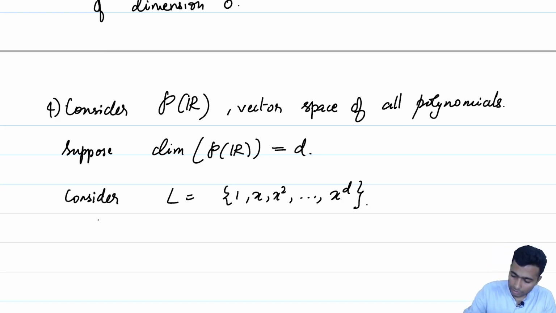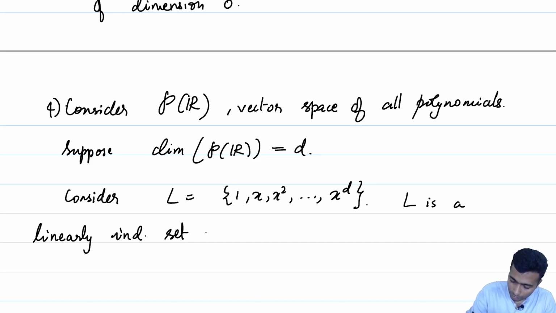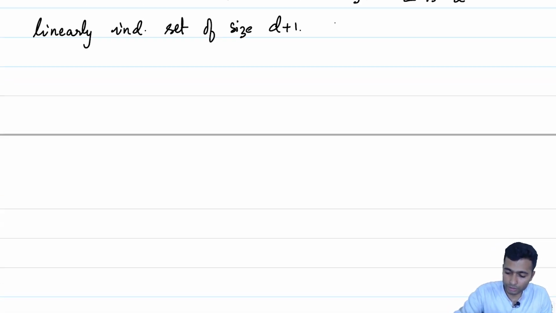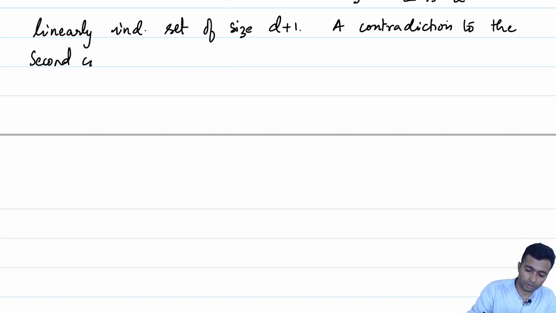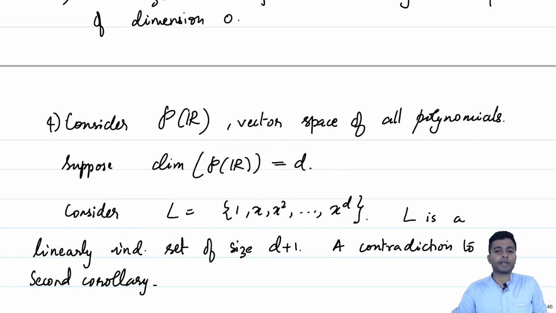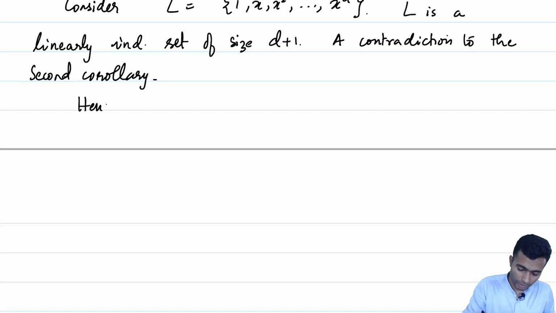But L is a linearly independent set of size D plus 1, and therefore it is a contradiction to the second corollary. Therefore, P of R cannot be finite dimensional. Hence P of R is infinite dimensional.